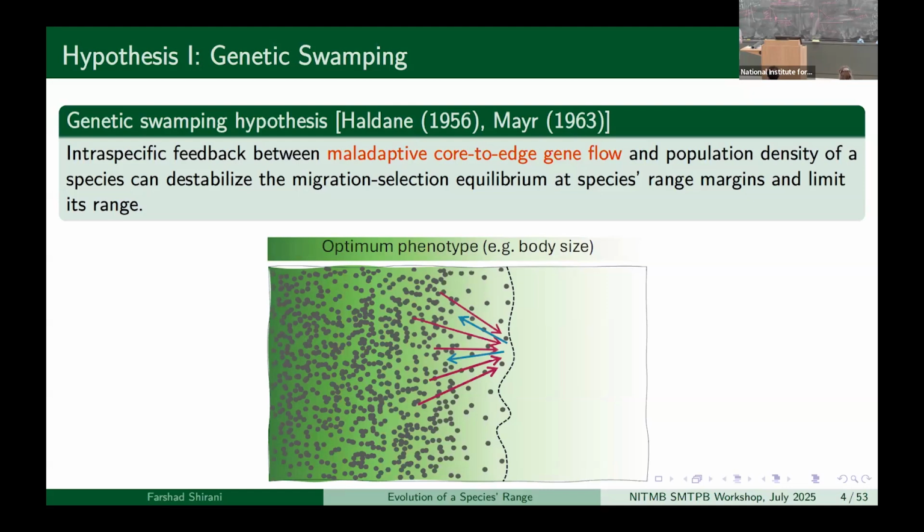And since individuals at the core are pre-adapted to the locations that they were in, once they move to the edge, they are not adapted there. That creates a migration load, which can destabilize the migration-selection balance, and then can swamp the adaptation at the edge and prevent range expansion.